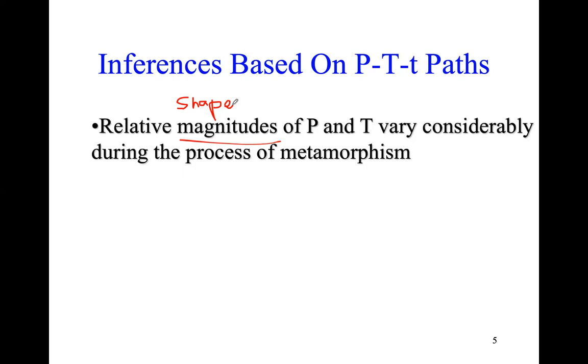So when you determine the pressure conditions in rocks using mineral assemblages, you will learn how to do that later on, you can infer the depth also at the time of formation, because now the rocks are on the surface, right? It doesn't mean that the metamorphism also took place at the surface, right?